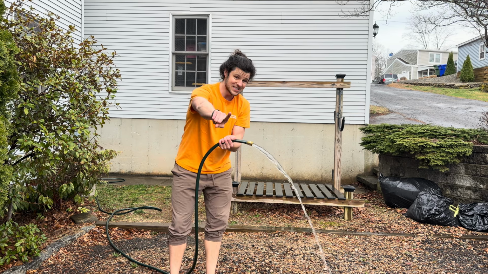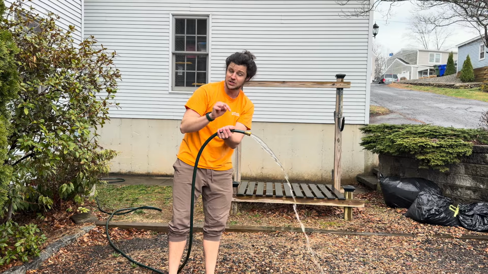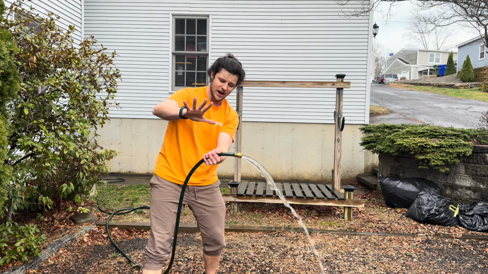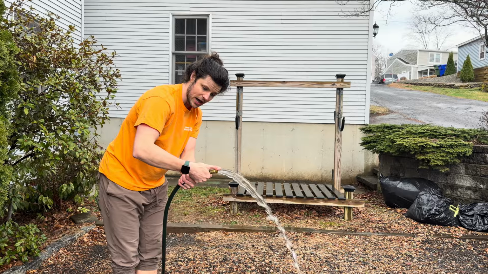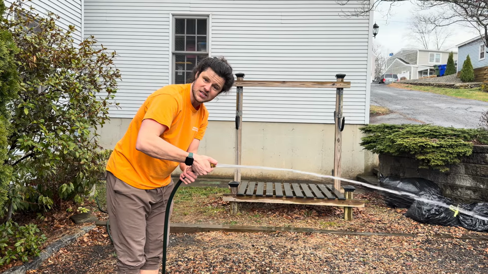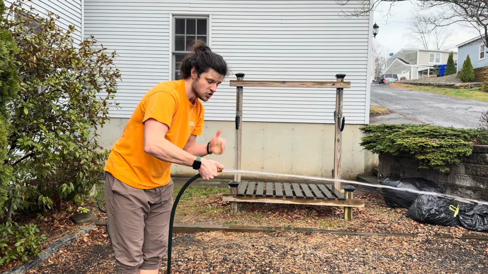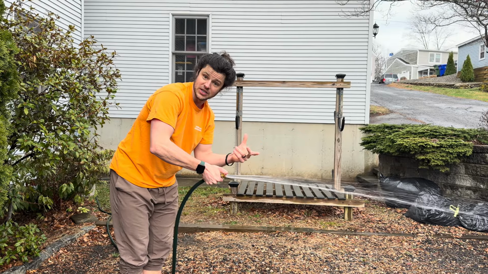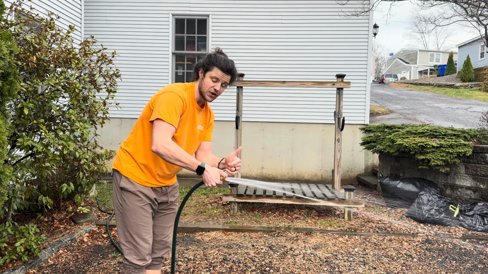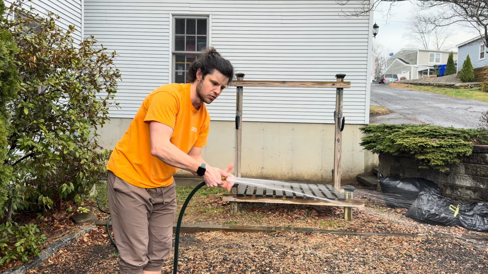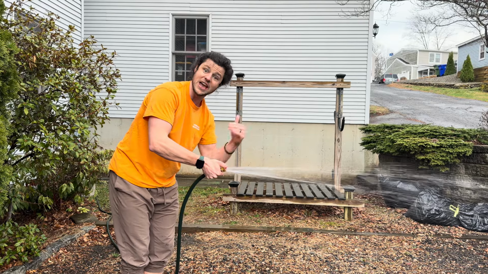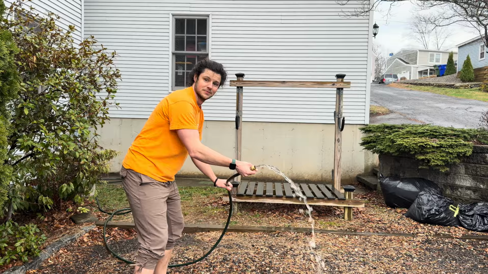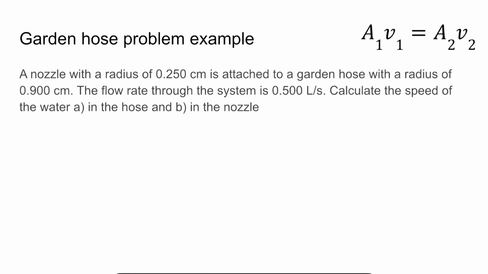However, since that same volume of water is going to continue passing through per unit time, if I cover over this opening, we're going to have to increase the velocity of that water so the exact same volume of water continues moving through at the same per unit time. However, now there's less of an opening, less area for it to move through, so the speed of that water increases. Isn't that cool?